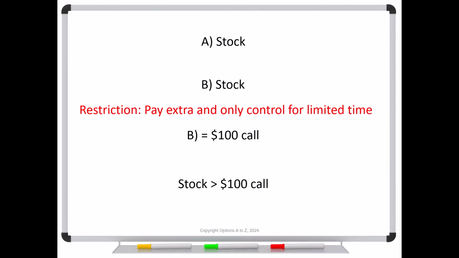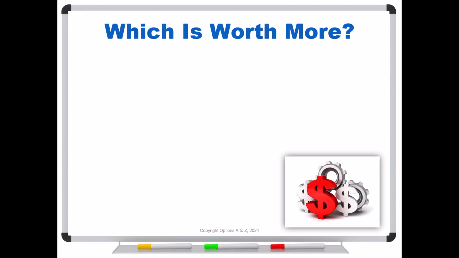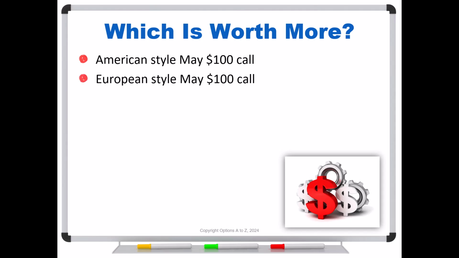So let's try another one here. Which is worth more? Let's say that we have an American-style May $100 call, and we're going to compare it to a European-style May $100 call. So remember, quick background here, there are two styles of options, American style and European style. An American style can be exercised at any time for any reason.